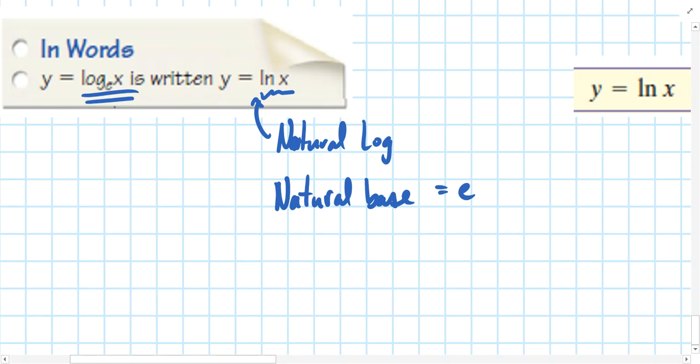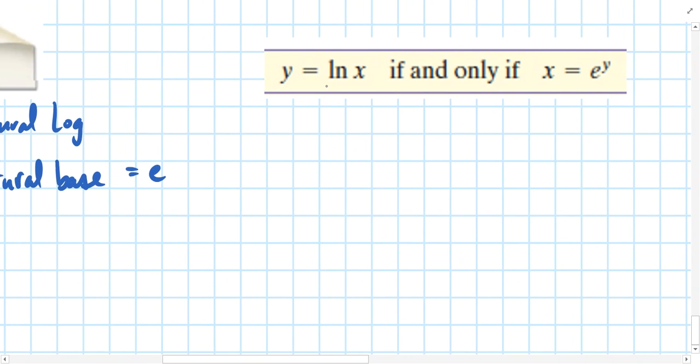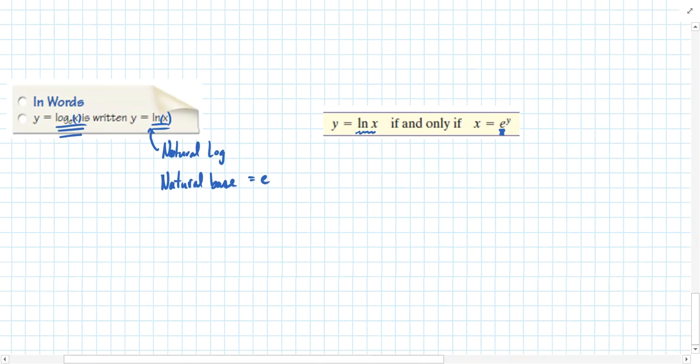Any logarithm with a base of e is written as just the natural log, ln, with the same argument, in this case x. And again, a reminder here, the natural log of x, even though there's no base written here, is a logarithm with no base written. In this case, we assume that the base of that logarithm is the number e.